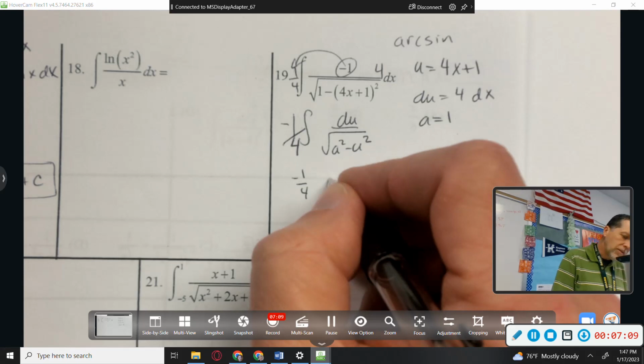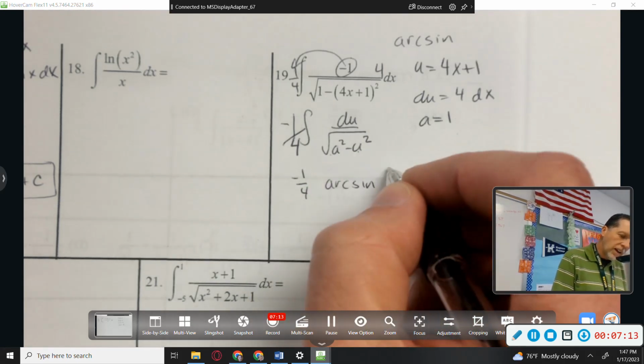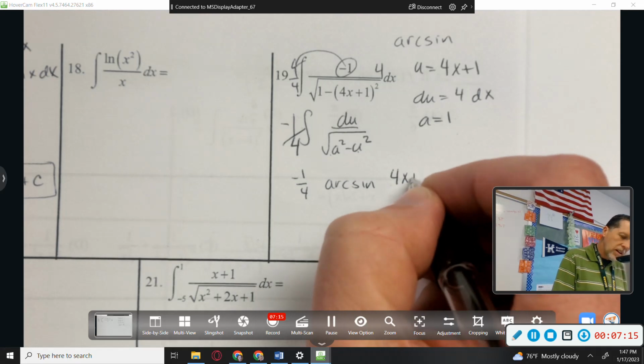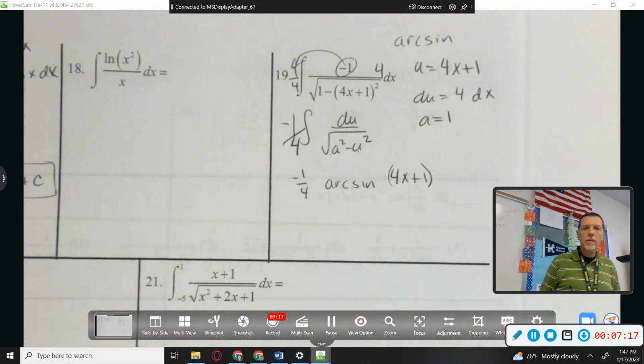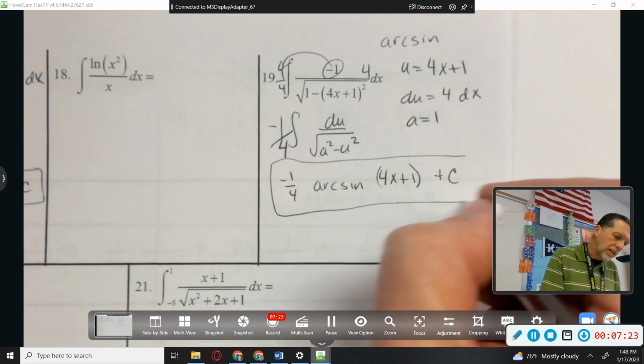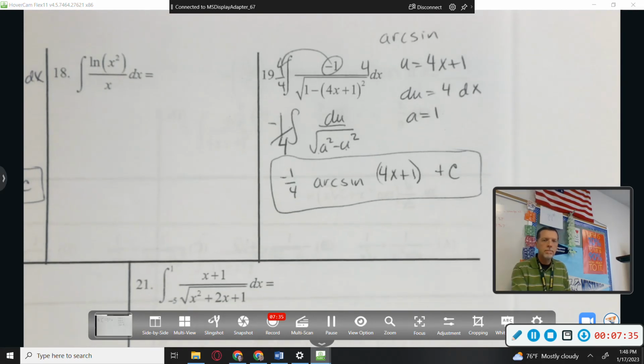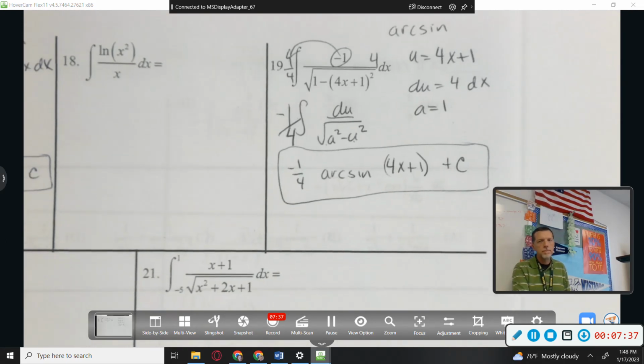So negative 1/4 arc sine of u over a, so 4x plus 1 over 1, plus c because it doesn't have any limits on it. But again, you had to recognize right away that that was an arc sine problem. What made me recognize it was the squared underneath the square root.